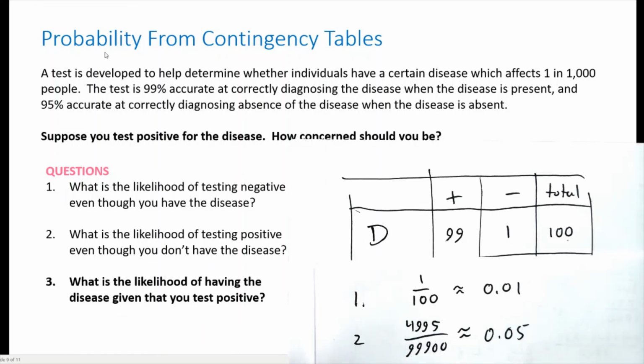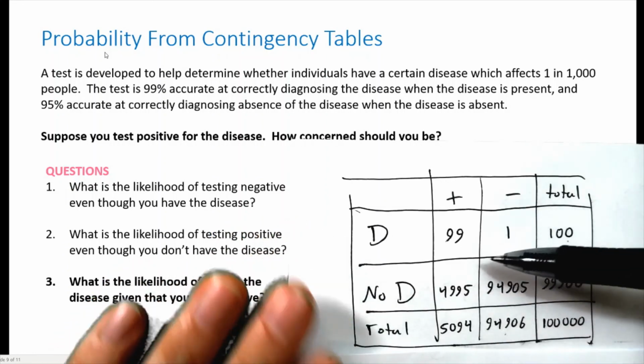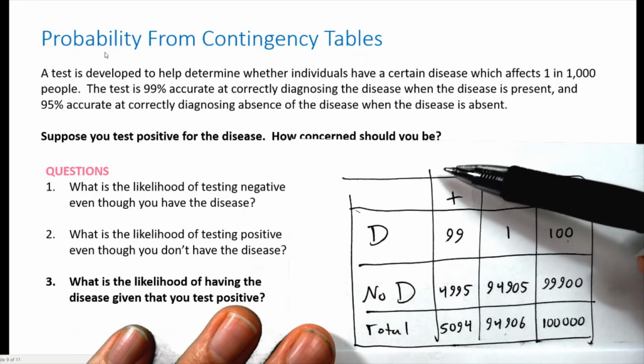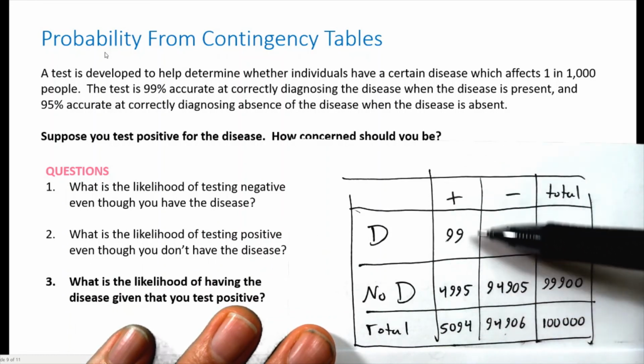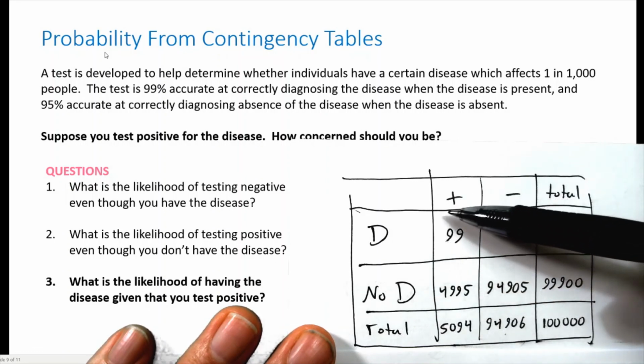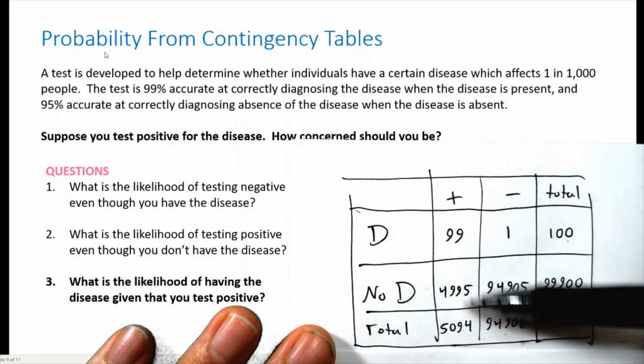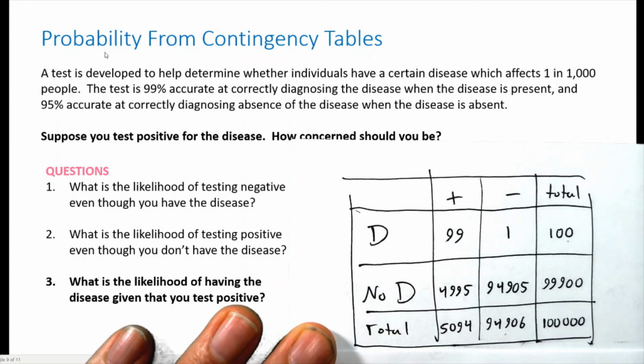Okay, so what is the likelihood of having the disease given that you test positive? Given that I test positive means that we are in this column here. The people who test positive are here. What's the probability that you have the disease? Well, that means you're one of these people. So it's 99 divided by 5,094.